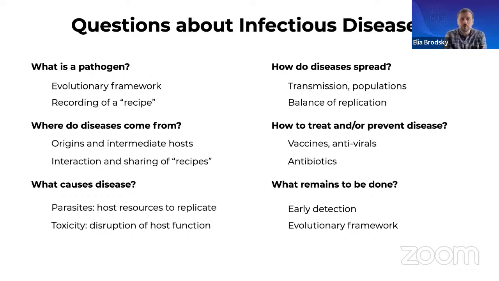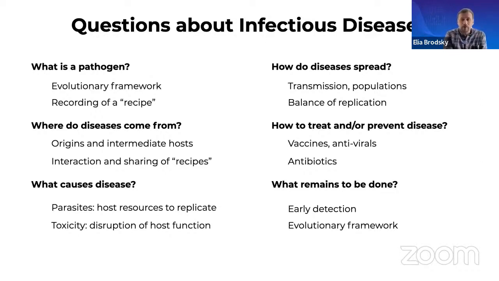And we'll also talk about the balance of replication, how while a pathogen causes acute disease oftentimes, one of its objectives is to continue and replicate and find a balance where it can continue to replicate and spread between many individuals, causing them to potentially have mild condition that does not prevent it from continuing to replicate.